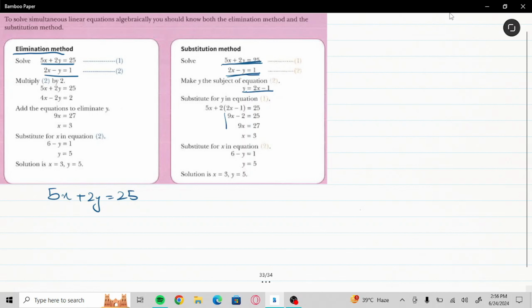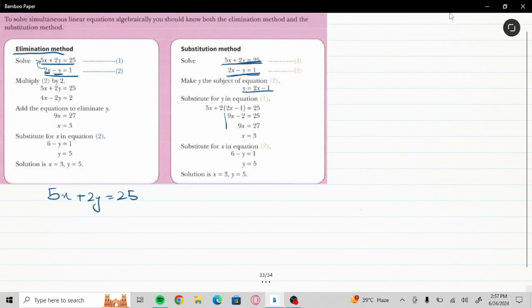So what we do next: 5x plus 2y is equal to 25, and we need to make 2x minus y is equal to 1 into something that can be cancelled out. So I think y can be changed. If we make this minus 2y, what I think is we should multiply this by 2.